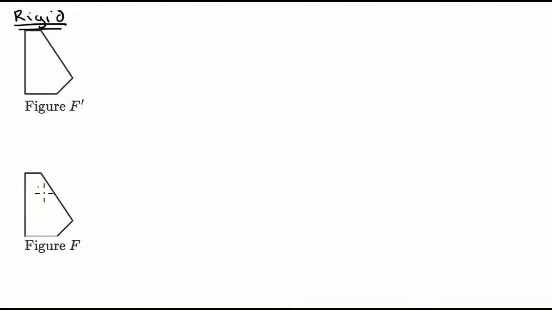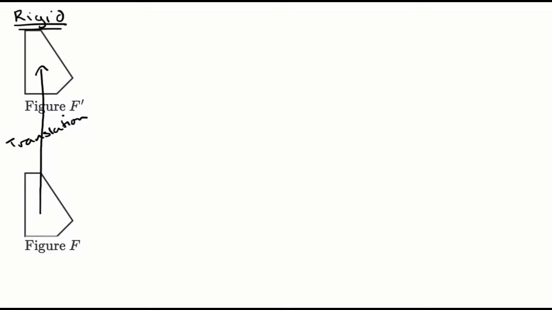And so the only difference is they're in different places. To go from f to f prime, I would have to move it in that direction. So the fancy word for moving something without changing its shape in any way, because this is a rigid transformation, we would call a translation. That's the only rigid transformation at play to go from f to f prime.